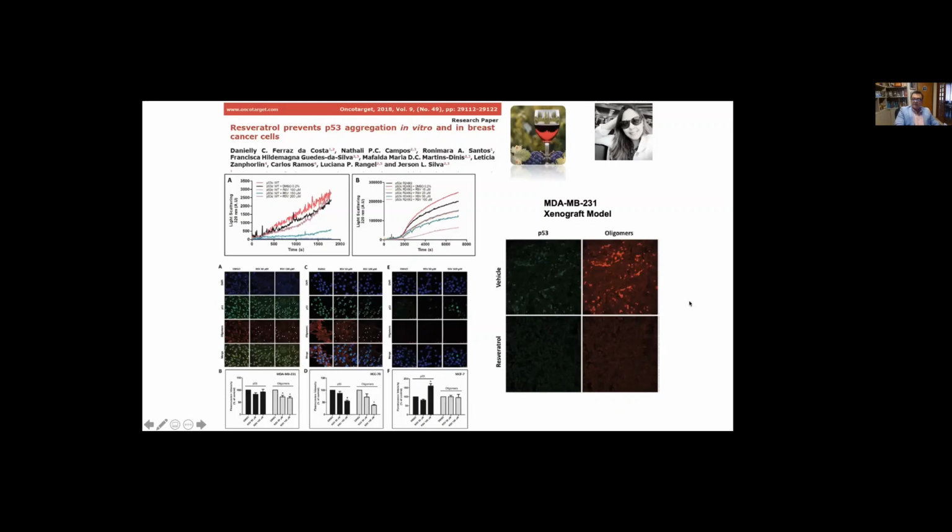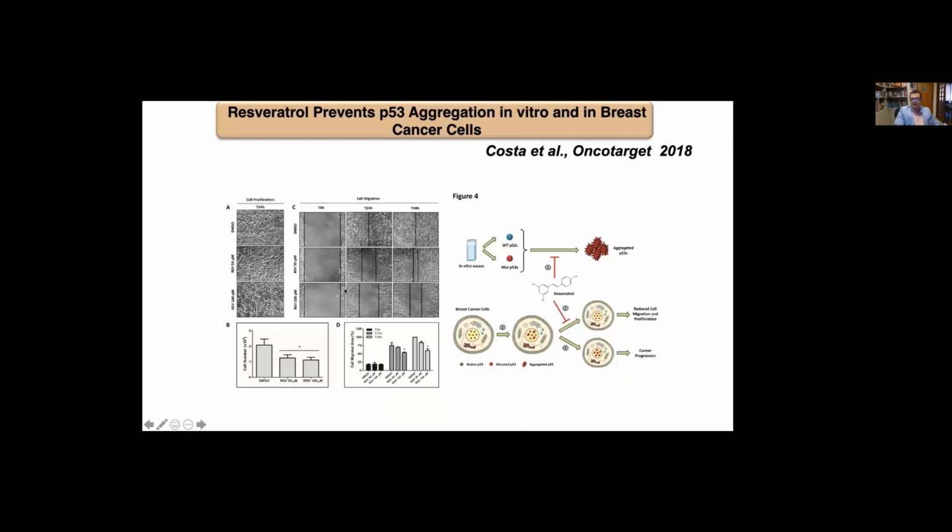Also in xenografted animal models with a breast cancer cell line, there was a great decrease, showing the possibility of using this molecule as a starting point for a modified resveratrol. It inhibits cell proliferation and cell migration, and that's what we propose.